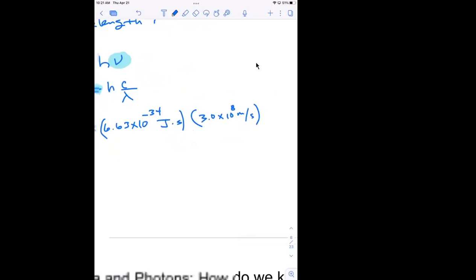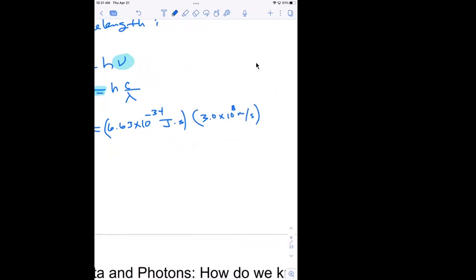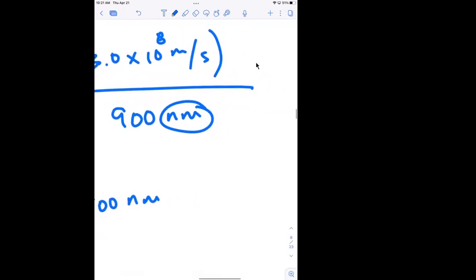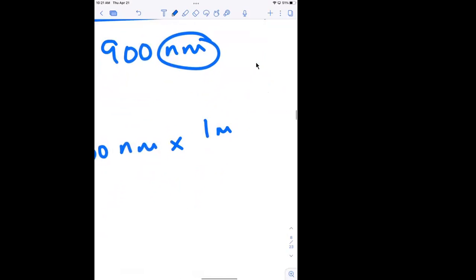You can already see the seconds are going to cancel out here, over lambda, which in this case is 900 nanometers, but we need this to be in meters. So let's do a quick conversion: 900 nanometers times 1 meter. I'm sorry.